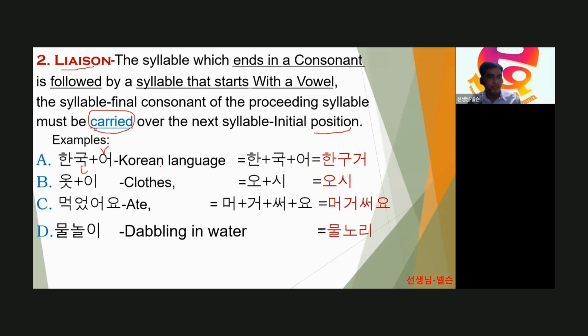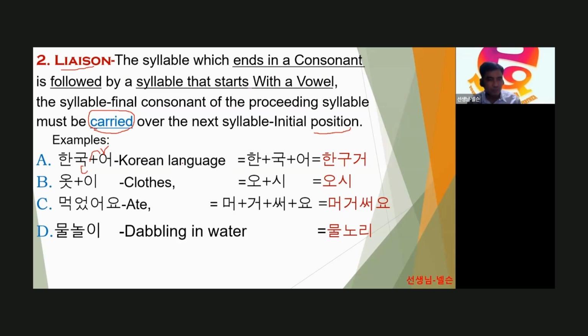Then pagka language siya by adding o, dito ang basa instead of Hanguk o, the correct pronunciation is Hangugo, because of liaison. Once maka-encounter kayo ng end consonant followed by a vowel, magke-carry over sila. Ang tawag dyan, liaison.